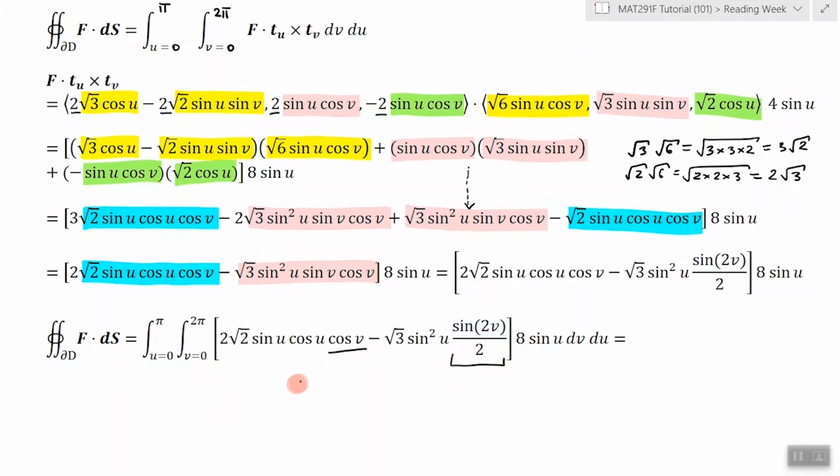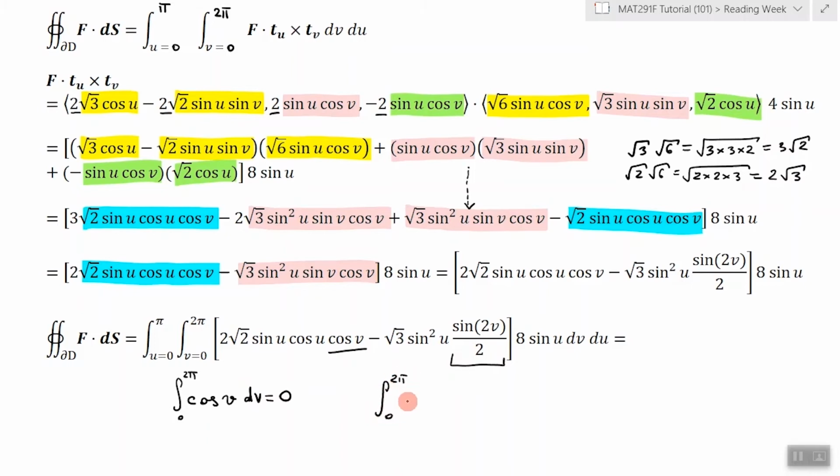Everything else as far as v is concerned is just a constant. Now cosine v, when you integrate it over v from 0 to 2 pi, you get 0. And then the same thing for this one.